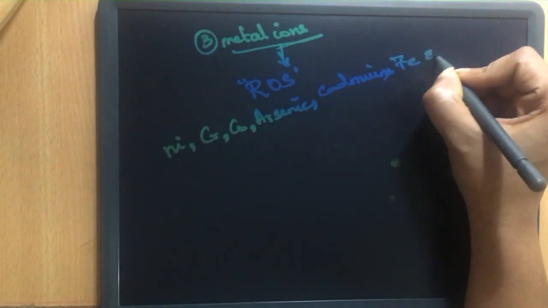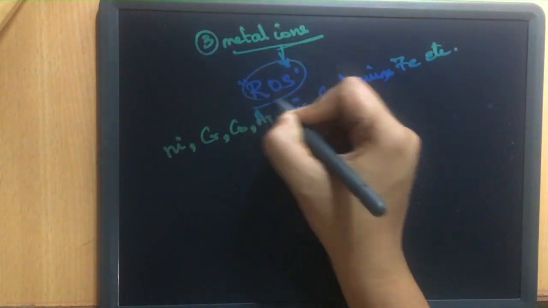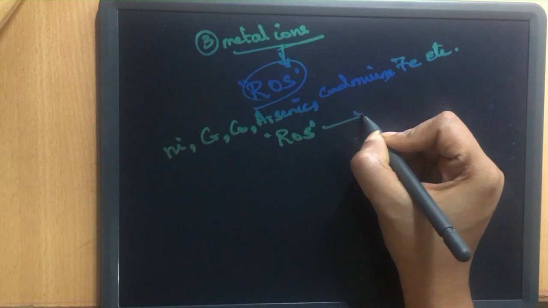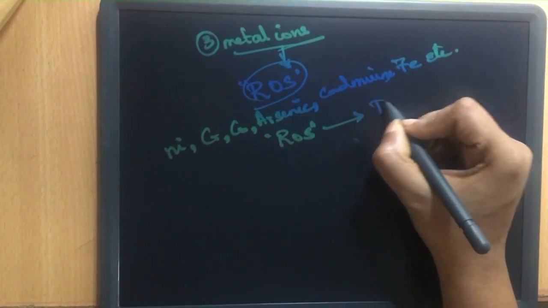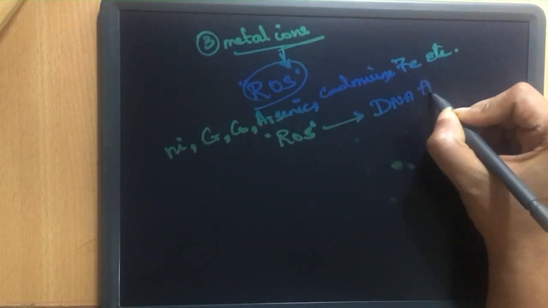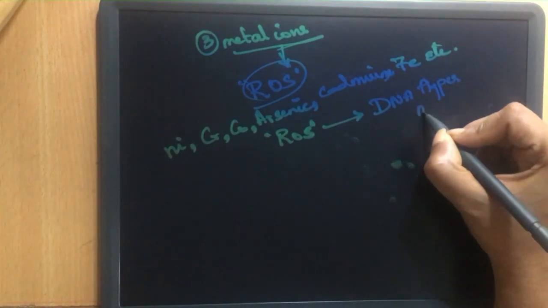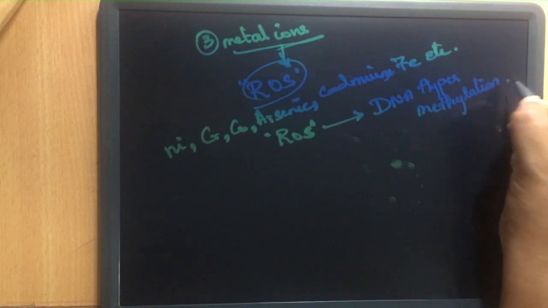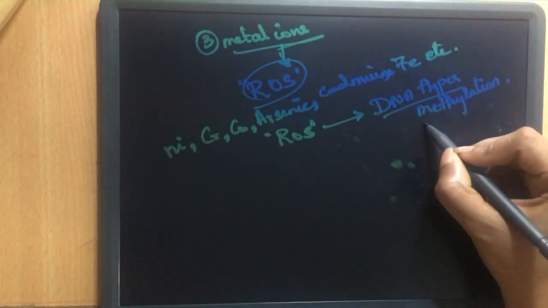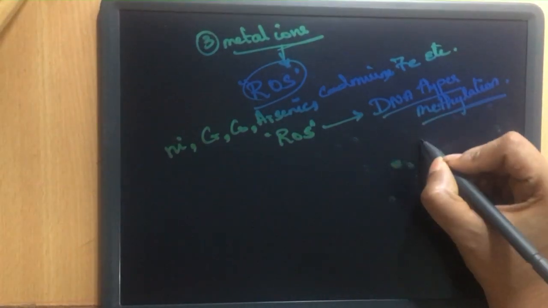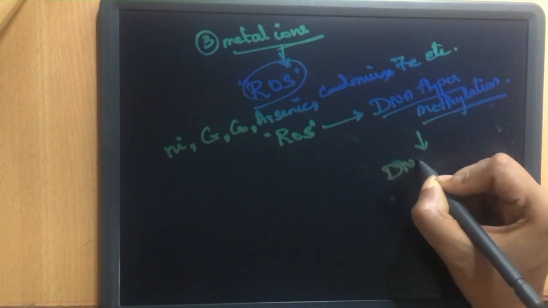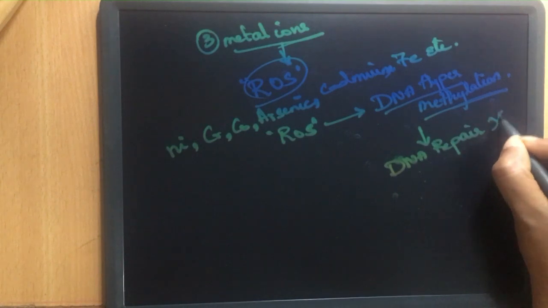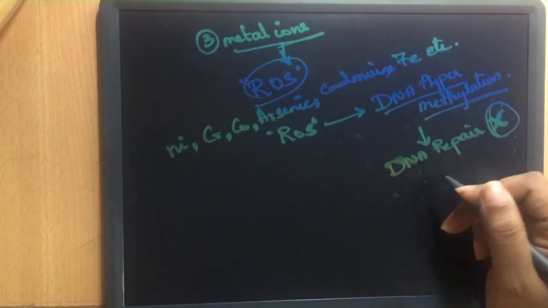iron, etc. Because of this reactive oxygen species, DNA hypermethylation occurs. Whenever DNA is hypermethylated, the DNA repair mechanism doesn't work at its full efficiency.